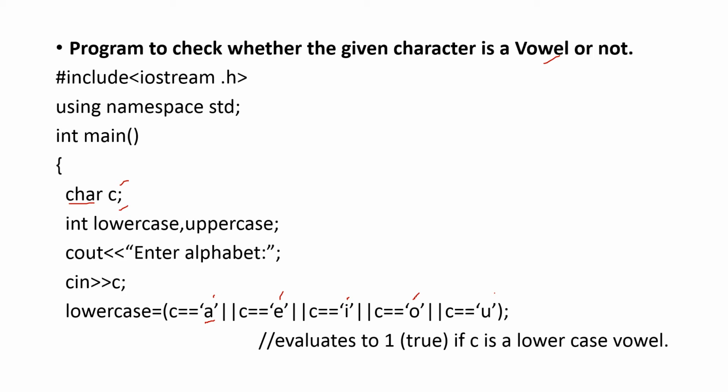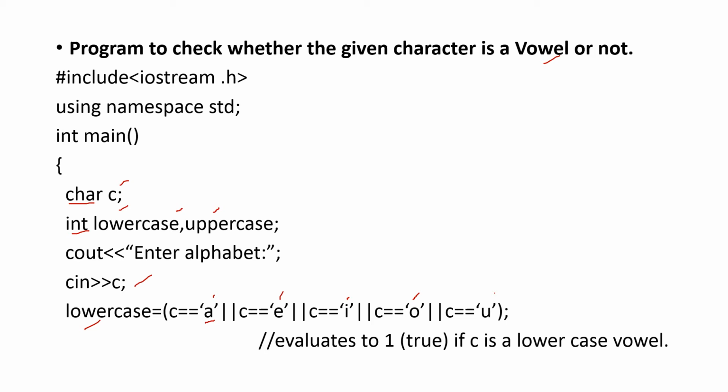And here lowercase and uppercase are declared as int. Enter the alphabet. Get the value of the character. In this statement, lowercase is equal to, we are checking the condition.